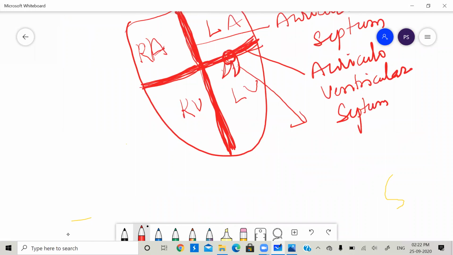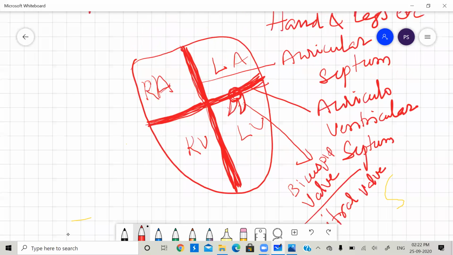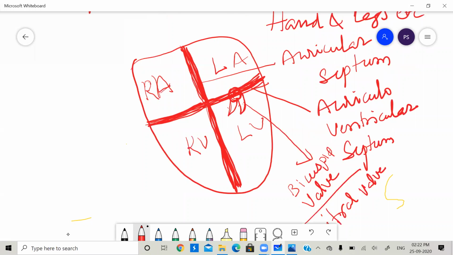It is also called the mitral valve. In the same way, there is an entry of blood from the right auricle to the right ventricle.